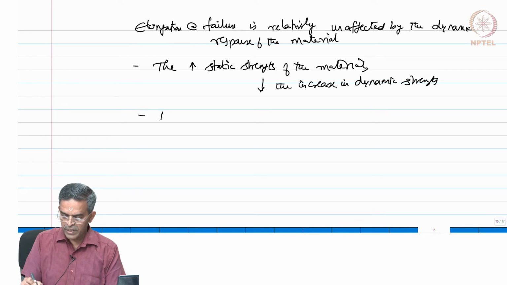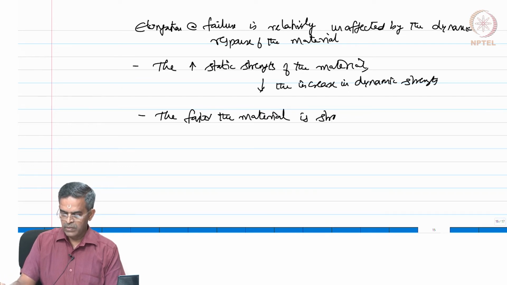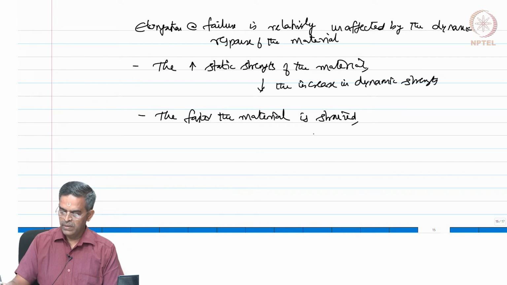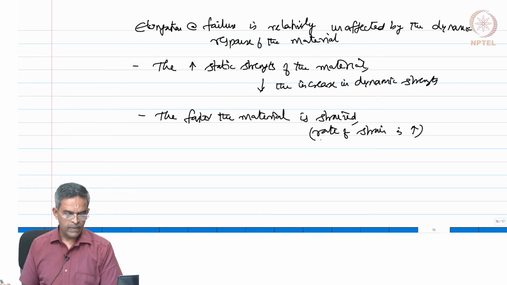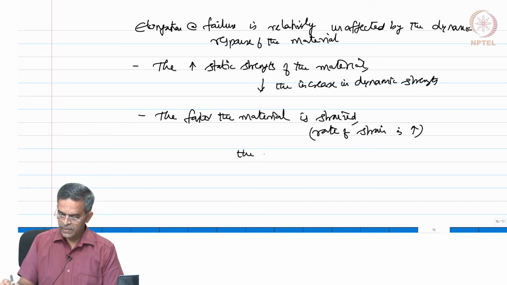Thus, faster the material is strained, that is, rate of strain is higher, the higher the increase in the dynamic strength of the material.